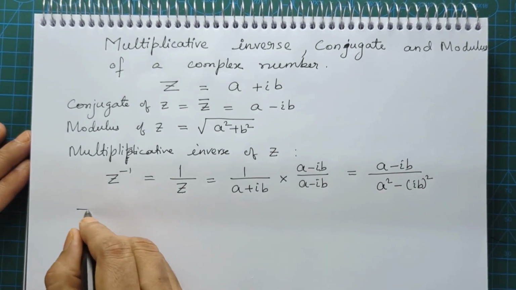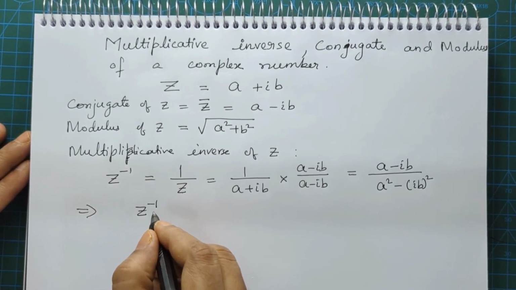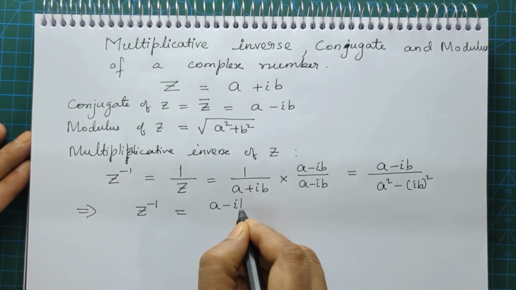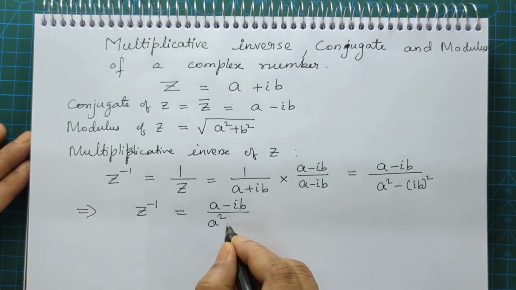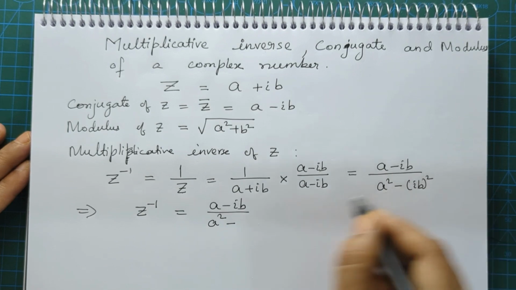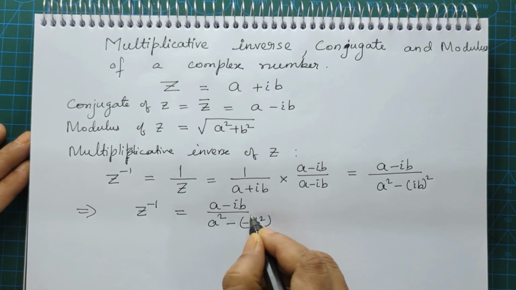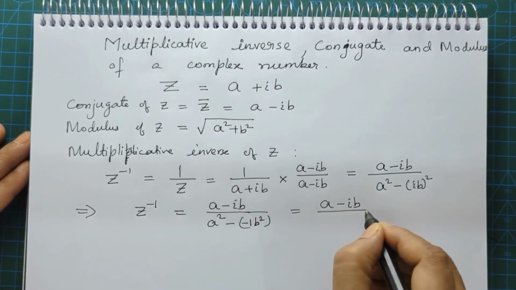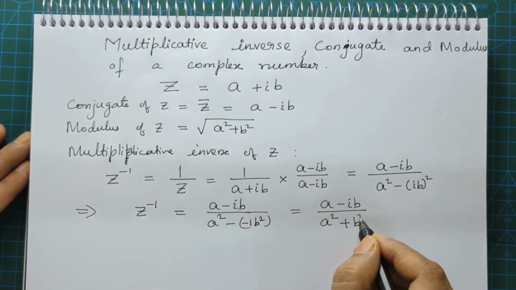Ultimately, z inverse, the multiplicative inverse of the complex number, is a minus ib divided by a squared minus i squared b squared. I squared is negative 1, so this can be written as a minus ib by a squared plus b squared.